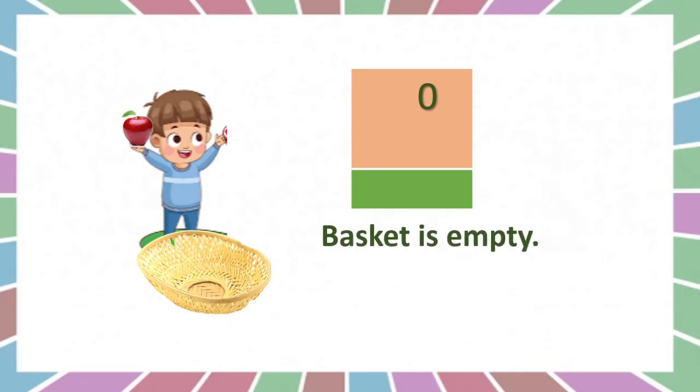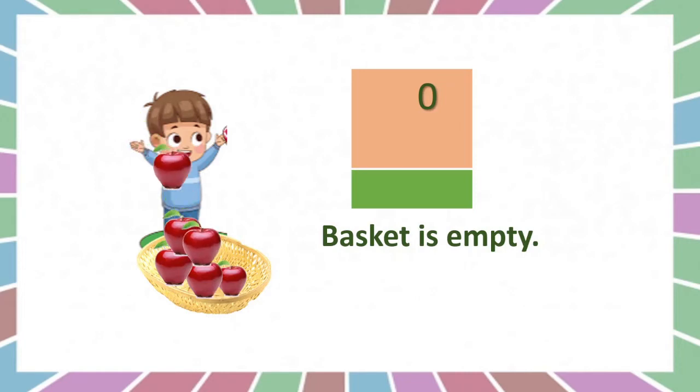Okay, basket is empty, so we have written 0 here. Now Yash is putting apples in the basket. See, 1, 2, 3, 4, 5, 6. Yash kept 6 apples in the basket, right?